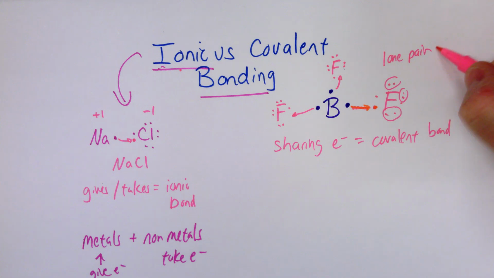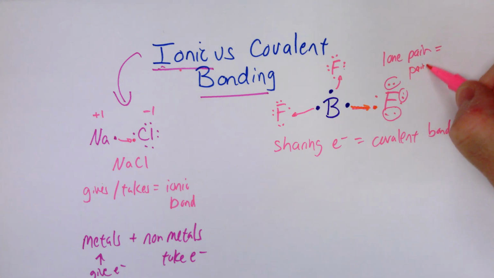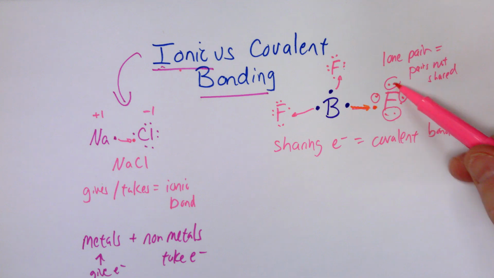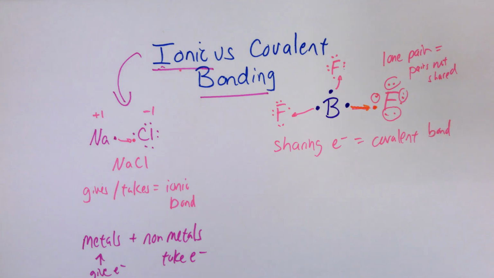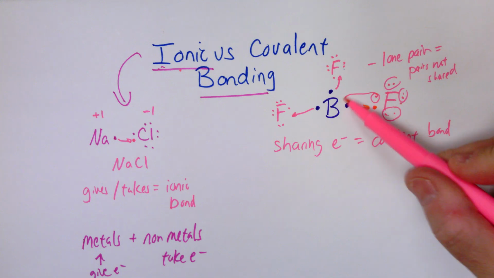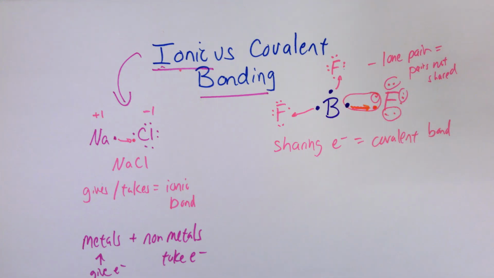These are pairs not shared. So fluorine only shares this one, and fluorine has a couple other sets of electrons that are not shared, and we call those lone pairs. They are pairs of electrons, but we're not sharing those with boron. We're only sharing these two right here.